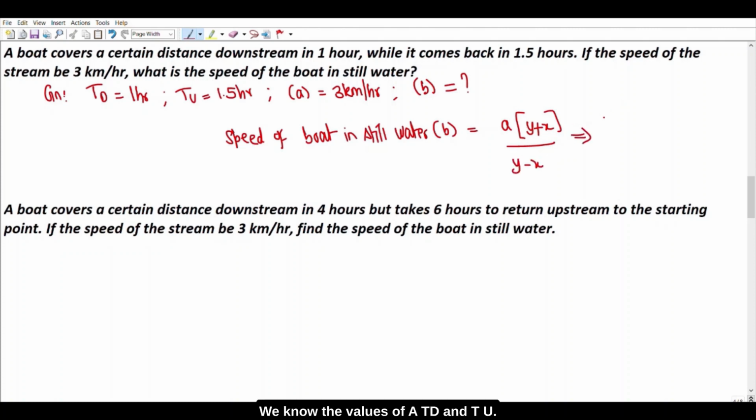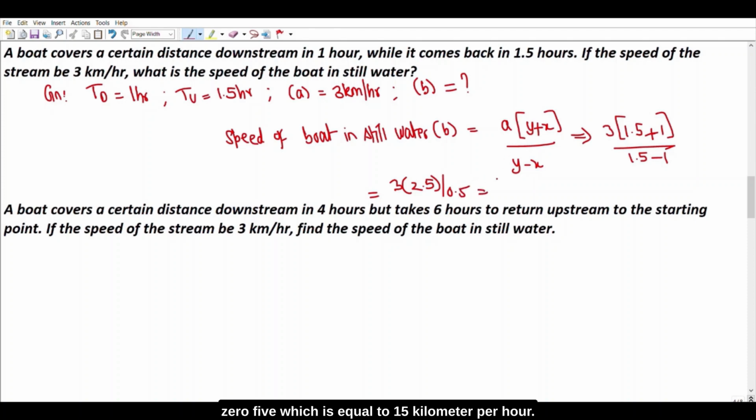We know the values of A, TD and TU. Here, TD represents x and TU represents y. Therefore, on substituting we get 3 times (1.5 plus 1) divided by (1.5 minus 1), which gives 3 times 2.5 divided by 0.5, which is equal to 15 kilometers per hour.